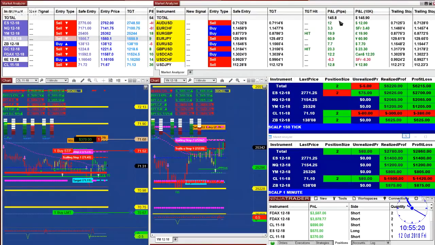And we have 145 pips on the forex based on 1 minute. This is a lot of pips for a mini account based on 10,000. That's not bad.